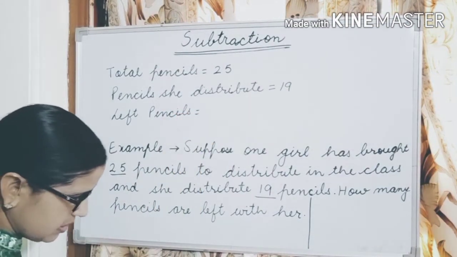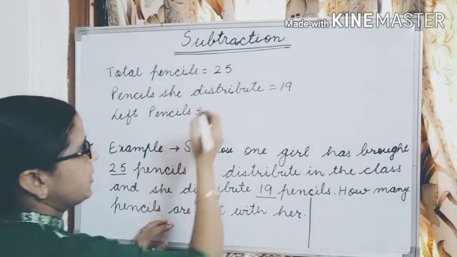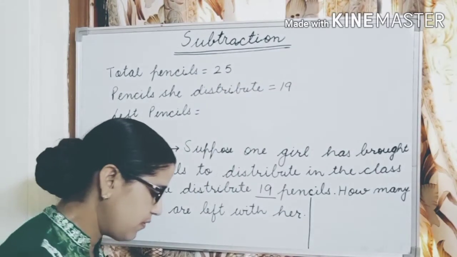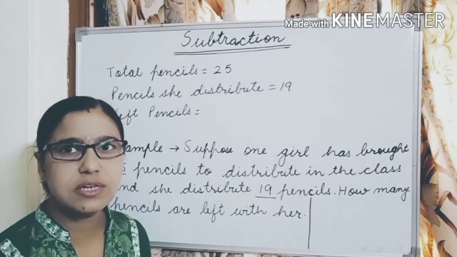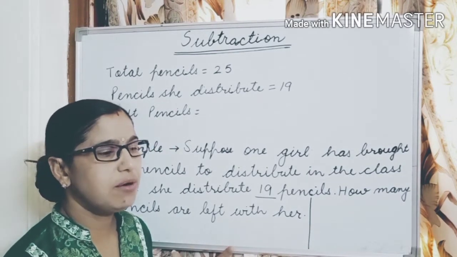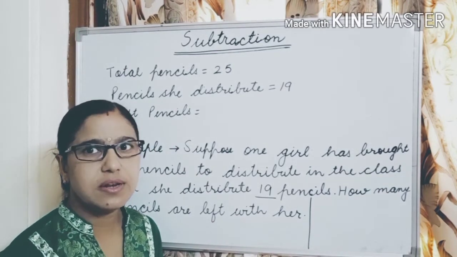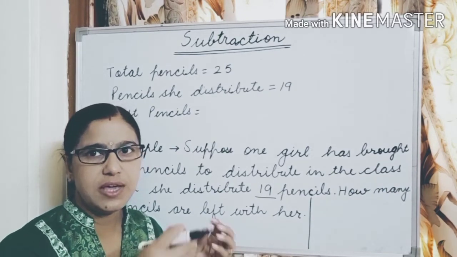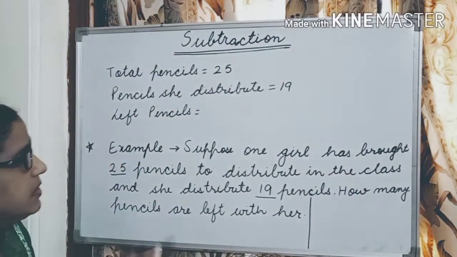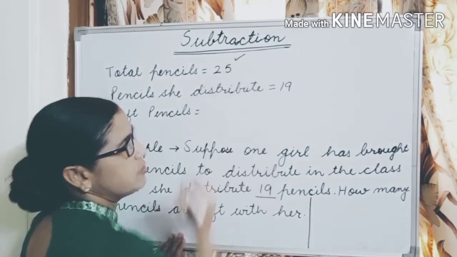For doing subtraction, what will you do? Always first find which number is bigger and which number is smaller, because when we have to take away anything, the smaller thing is always taken away from the bigger one. Which one is bigger? This 25 is bigger.